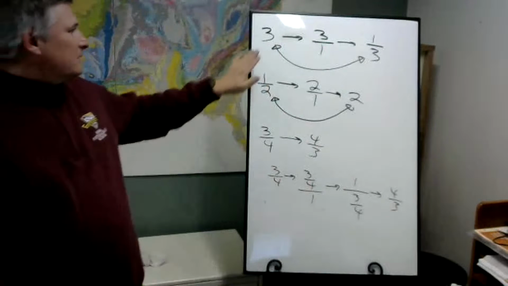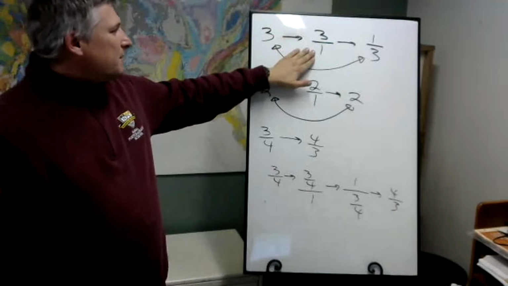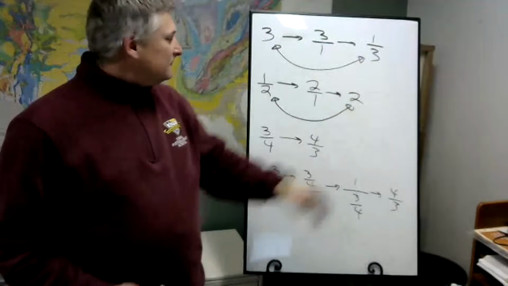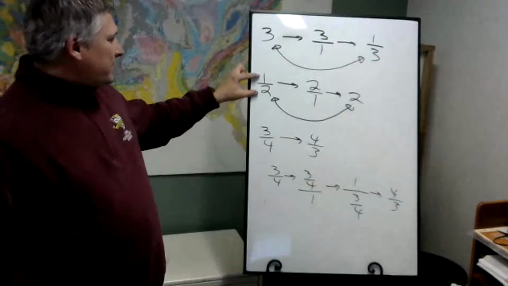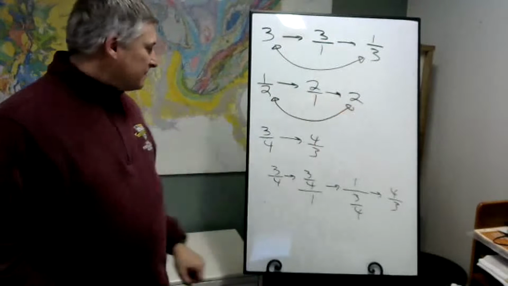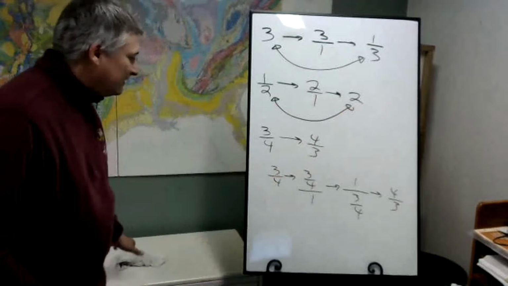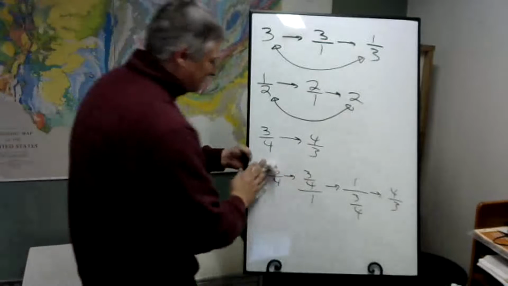In actuality, you have your number. If it's a whole number already, think of it as having a 1 underneath it, flip it. If it's already got a 1, flip it, ditch the 1 underneath. If it's a fraction like this, just flip the fraction. And that gives you your reciprocals.